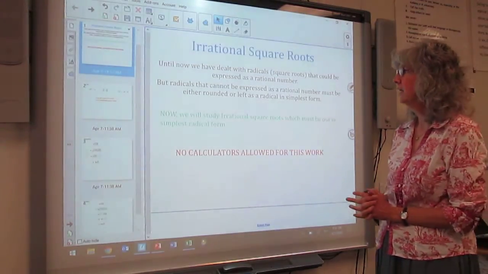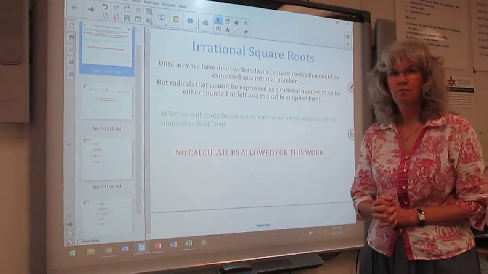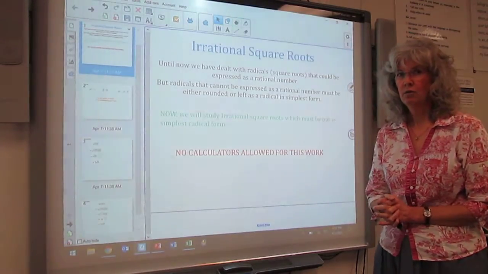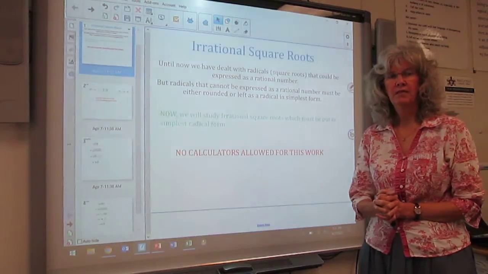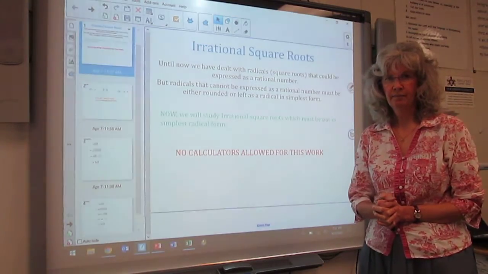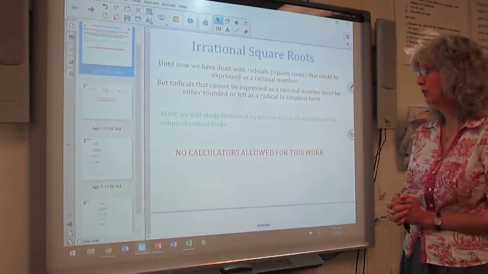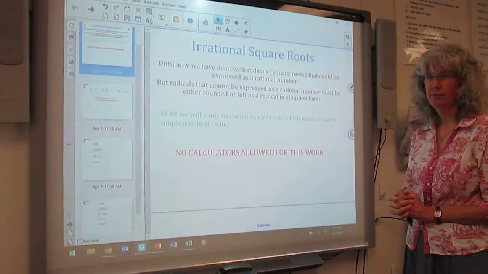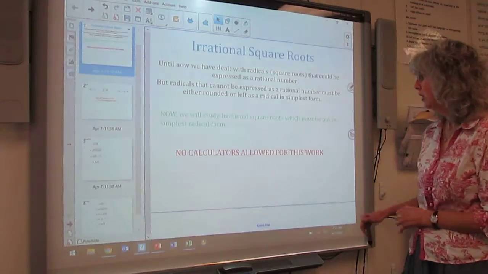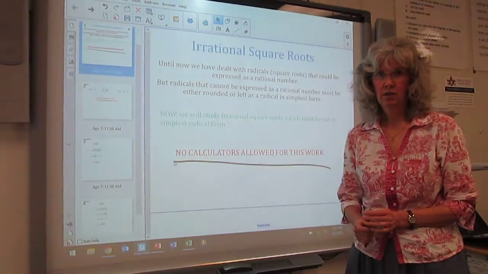But radicals that cannot be expressed as a rational number either have to be rounded, or we're going to leave them as a radical in simplest form. So they will still contain a radical. That's what we're going to work on. For this section, both 3 and 4 in your book, no calculators allowed for this work.